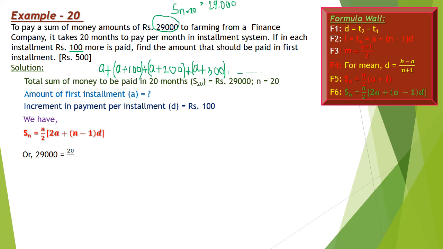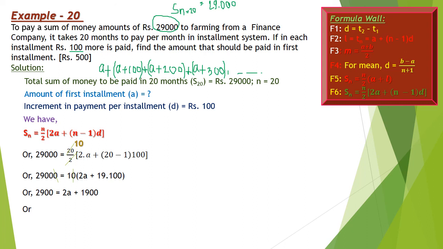29,000 is equal to N by 2, that is 20 by 2, bracket 2A plus N minus 1, that is 20 minus 1, times D, that is 100. Now we have only A unknown.